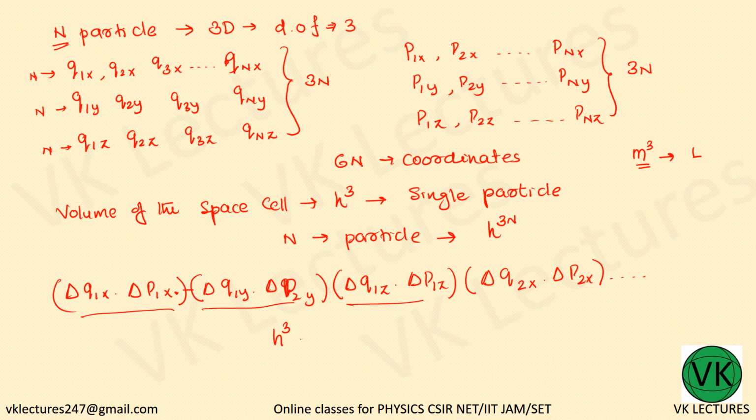So this is for a single particle, and for n particles you have h to the power 3n, the volume of the phase space cell.